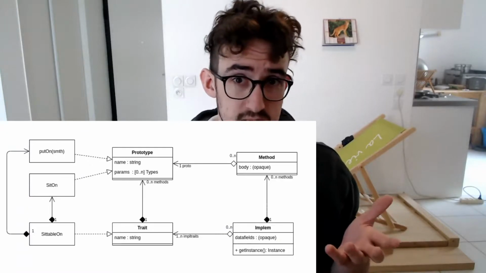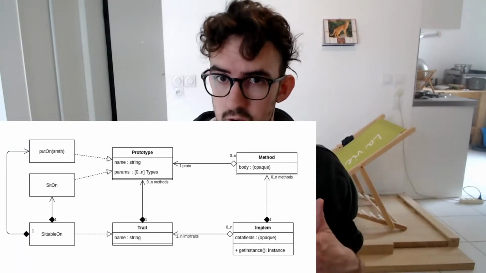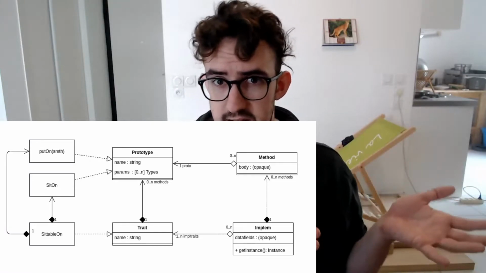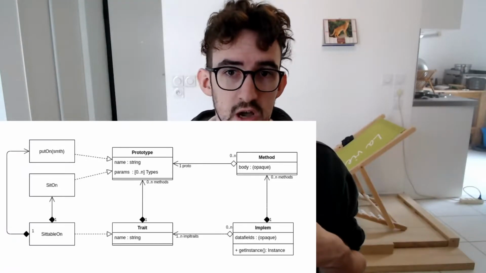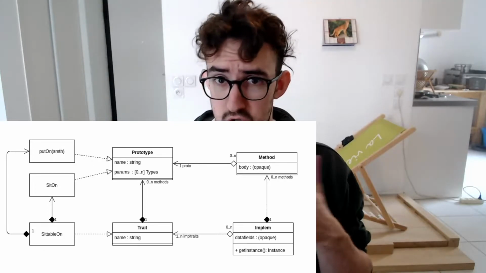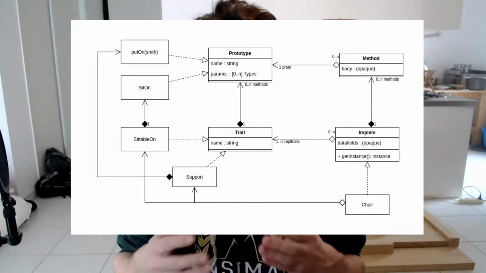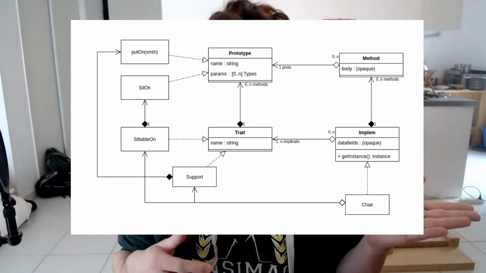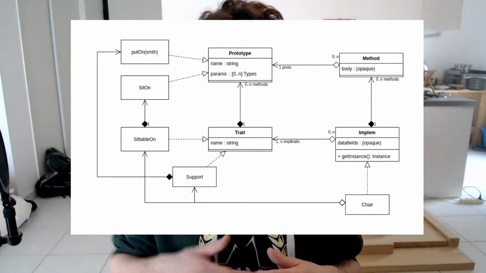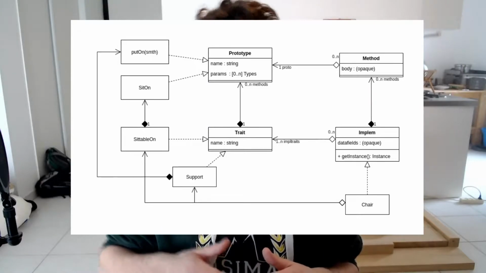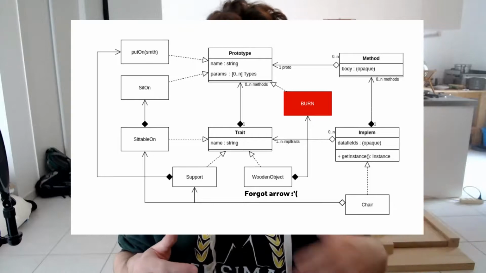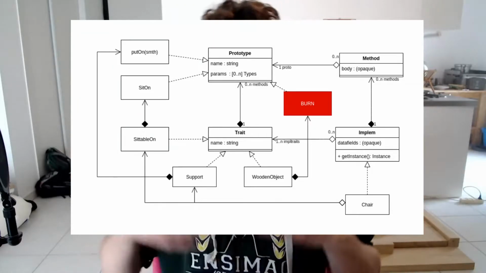Then we have implementations, which in the model are called implements. They are a collection of both data and methods, which are related to one or more traits. So for example, my chair will have the trait of putting something on it, the trait of sitting on it, the trait of wooden object, etc. So I can put something on it, I can sit on it, I can burn it, or stuff like that.